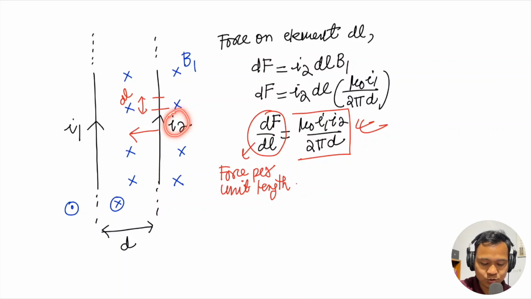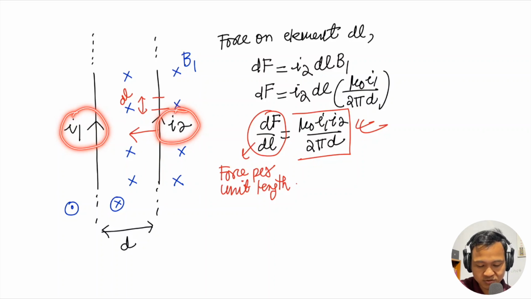If this current I2 is in the opposite direction, L cross B will be along this side, so the wires will move apart. So there is a force of repulsion. If the currents are in the same direction, it will always be attractive in nature. If the current directions are opposite, it will be repulsive.